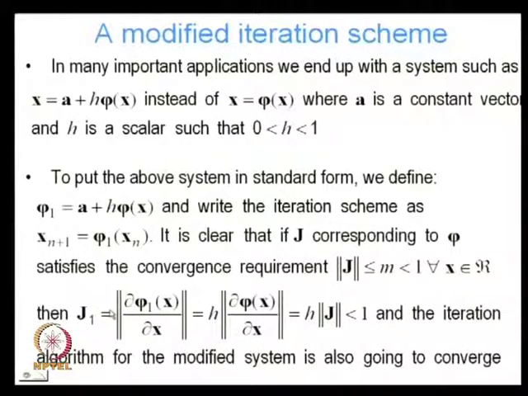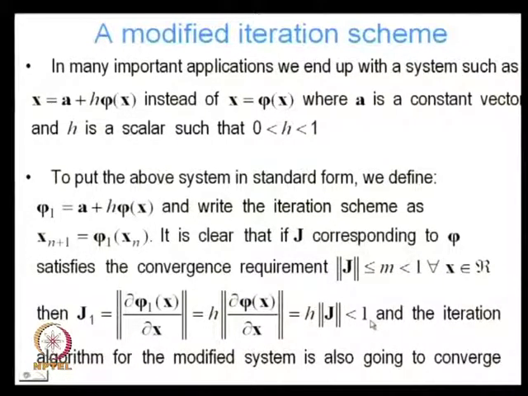Well, norm of j 1 is equal to norm of del phi 1 del x, which is nothing but h times norm of del phi del x, and this is going to be h times norm of j. Since this is less than 1, the iteration algorithm for this is also going to converge, because norm of j 1 is also going to be less than 1.